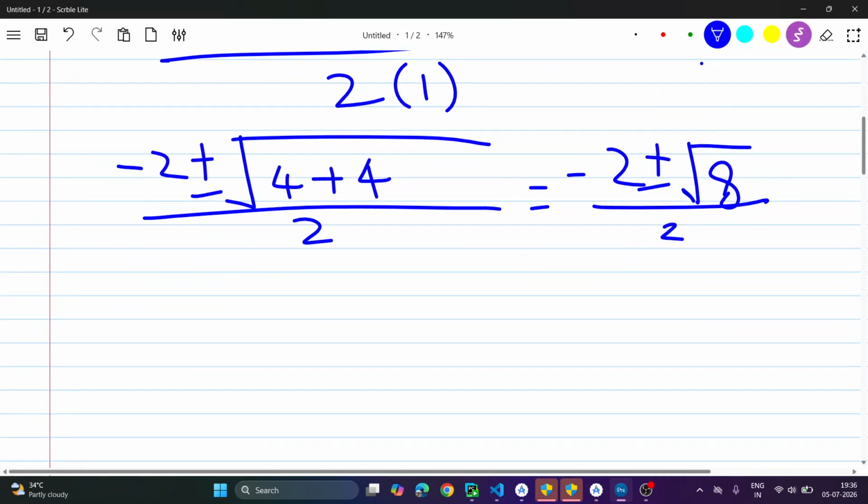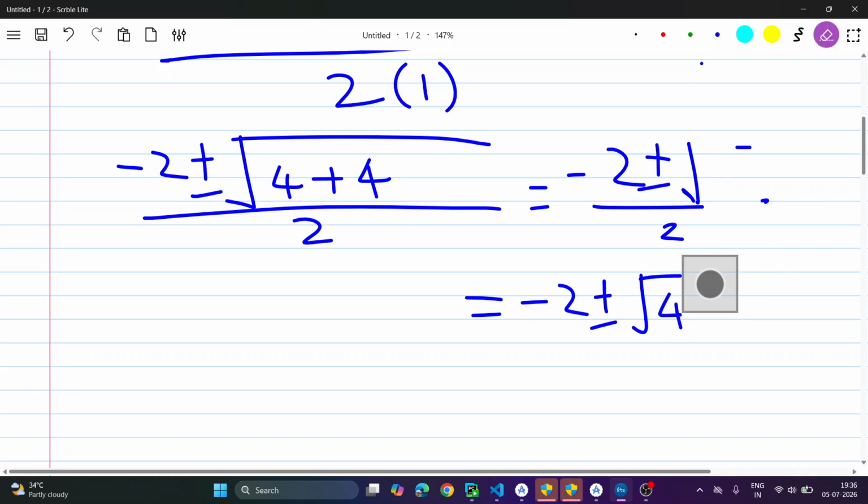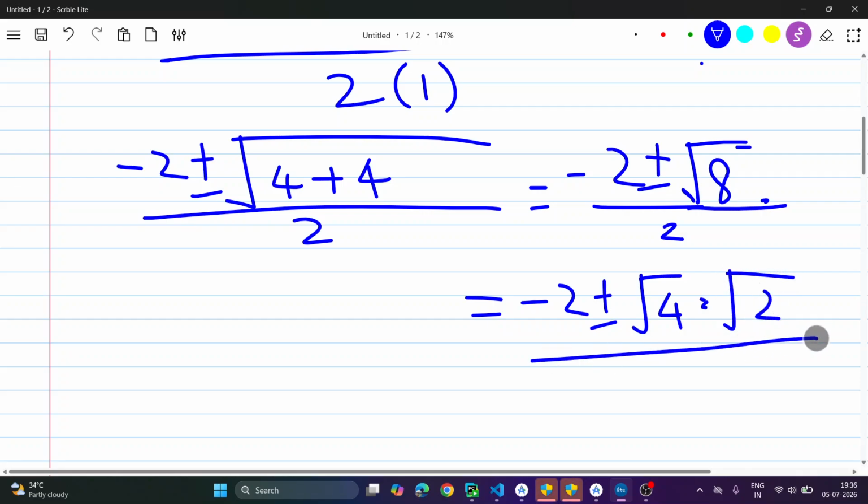So let's go down. Now this is equal to minus 2 plus or minus the square root of 4 into the square root of 2, divided by 2.